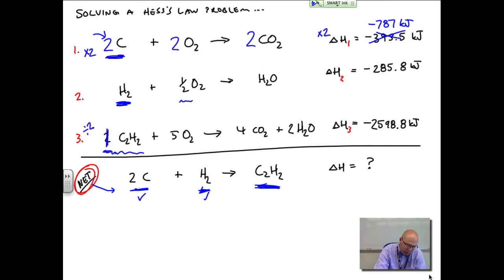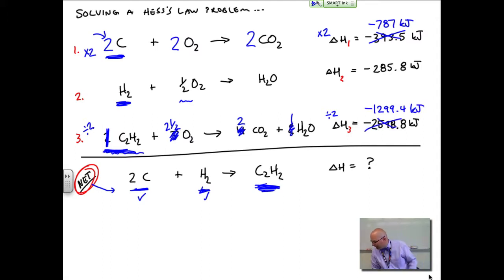That gives me 1, that gives me 2.5 here, that gives me 2, and that gives me 1. I don't want to forget it. So notice I have 1 C2H2, which is what I need. I need to divide by 2 for my delta H. When I divide by 2, I get 1299.4. Of course, that's negative kilojoules.